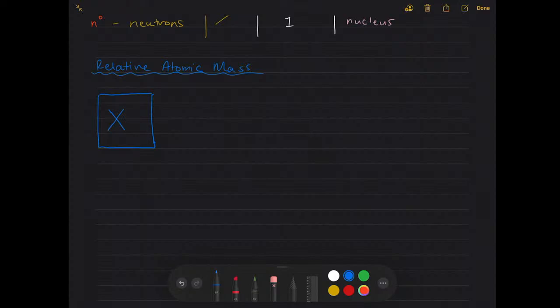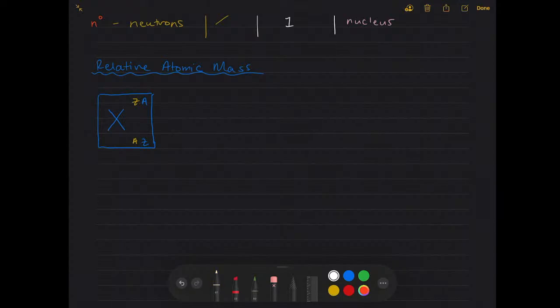And then there are two numbers, which I'll represent with the symbols A and Z. It's important to note different periodic tables will have different variations of the numbers. Some of them will have Z at the top, and some of them will have A at the bottom.